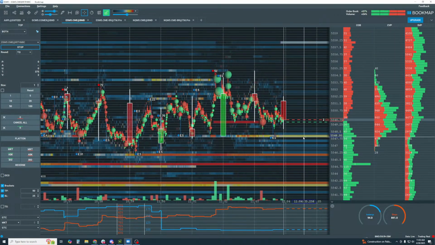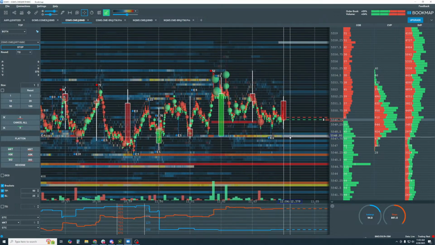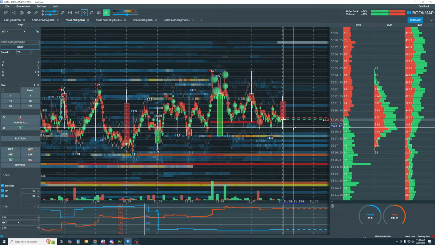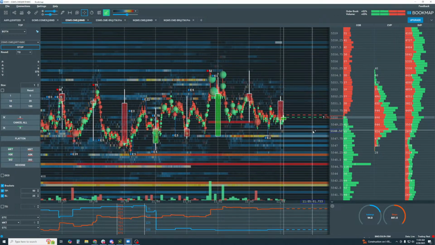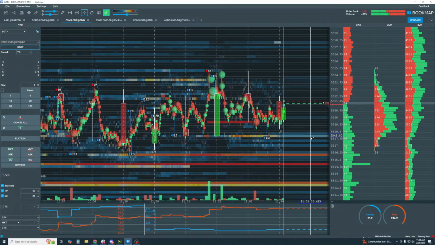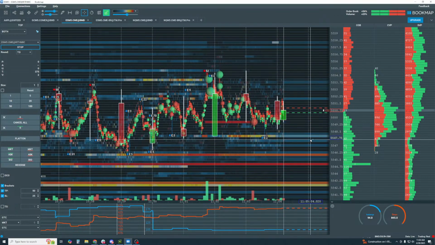Okay, let's see here. If we get our sellers starting to come in, and maybe some of this liquidity pulls in here, we can look for a drop. No, still seeing more buyers.